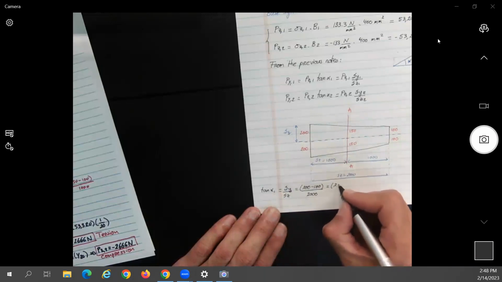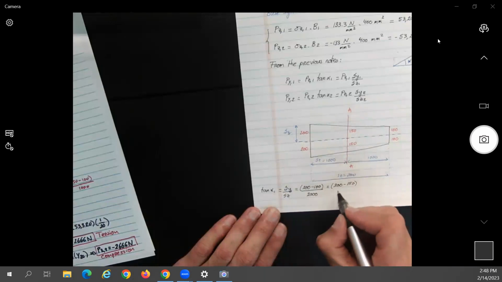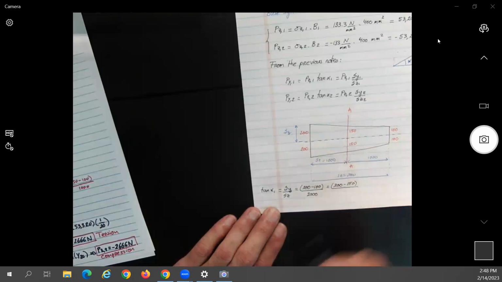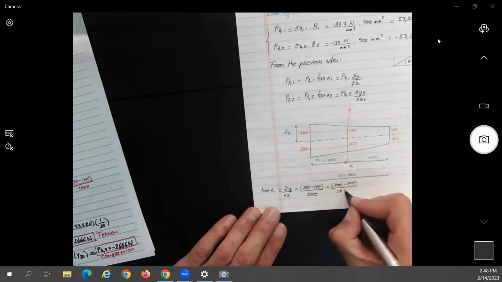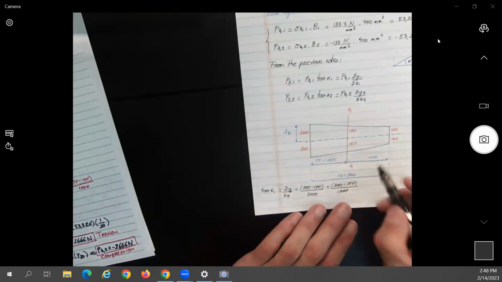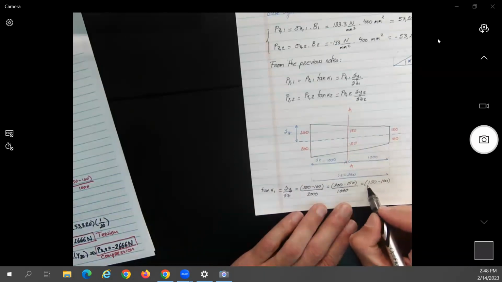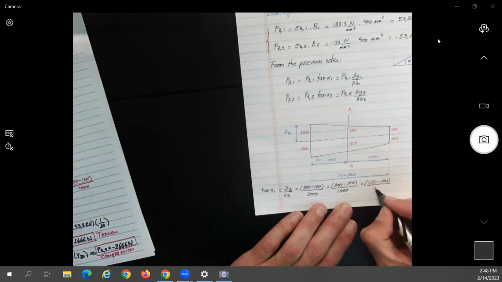Then what would that be? Or you could do 200 minus 150. But in this case, what would be the delta z? Will be 1000. Yeah, and if you want to be even more extreme, we could decide to calculate it from the tip, and this would be what now? 150 minus 100 divided by 1000.